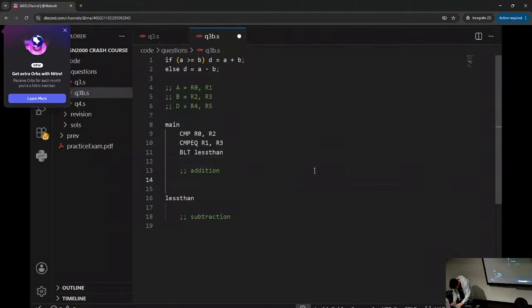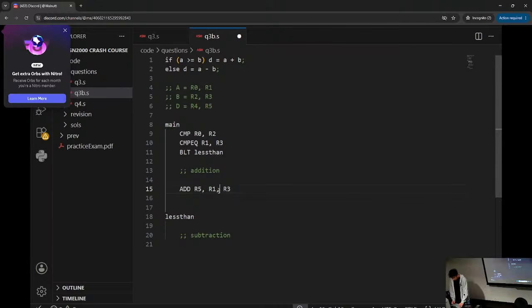So that would be add R1 and R3. But where do we put the result? Yep, I heard someone say R5. We put in R5 the least significant bits of our result. Easy. Now, this is cool, but we need to get the carry bit.